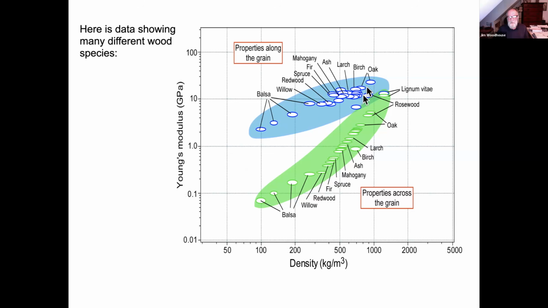This blue blob here is data, so each individual piece of wood would be a dot in this diagram. It would have a certain density, and this blue island is the long grain stiffness.